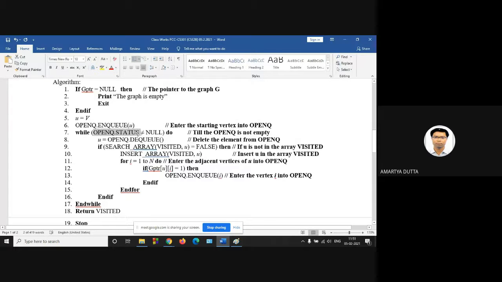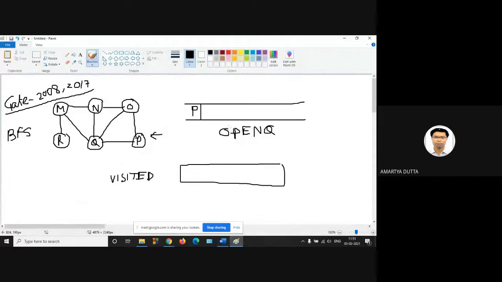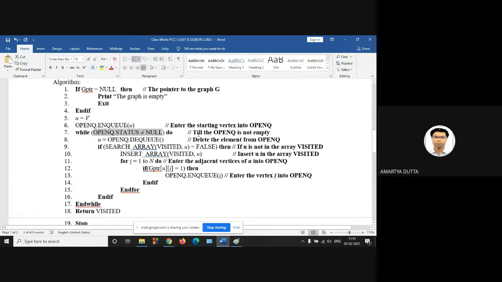Now, if the open queue is not empty, then first dequeue the element and store it in another variable.